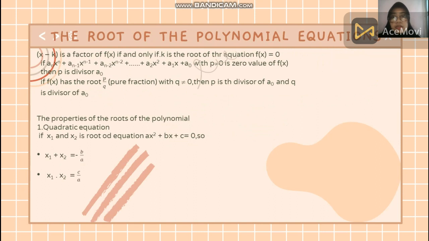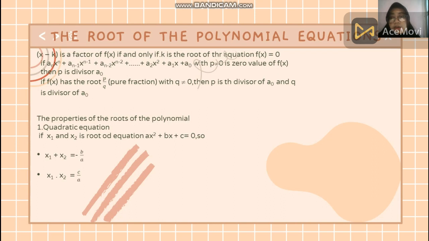Next, the roots of polynomial equations. x minus k is a factor of f(x) if and only if k is a root of the equation f(x) equals 0.